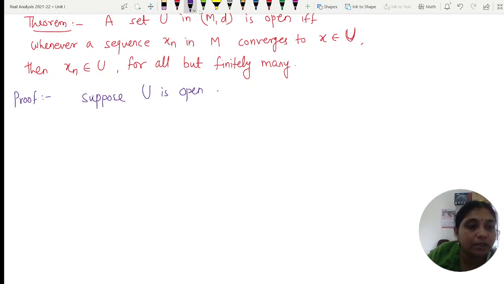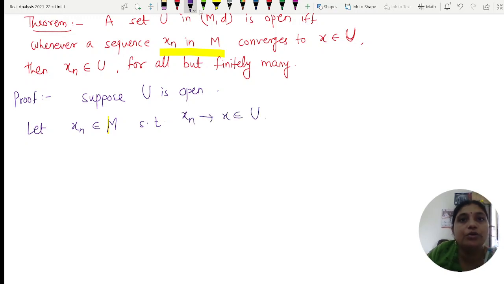So where do I take xn from? xn in M. So let xn belong to M such that xn converges to x in U. And what do I want to show? I want to prove xn belongs to U for all but finitely many.